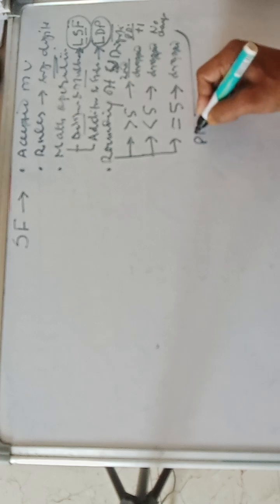But for the previous digit, plus 1 will be added in the greater than 5 case. Here, no change. Here we have to see whether the previous digit is odd; we have to make it even by adding 1.